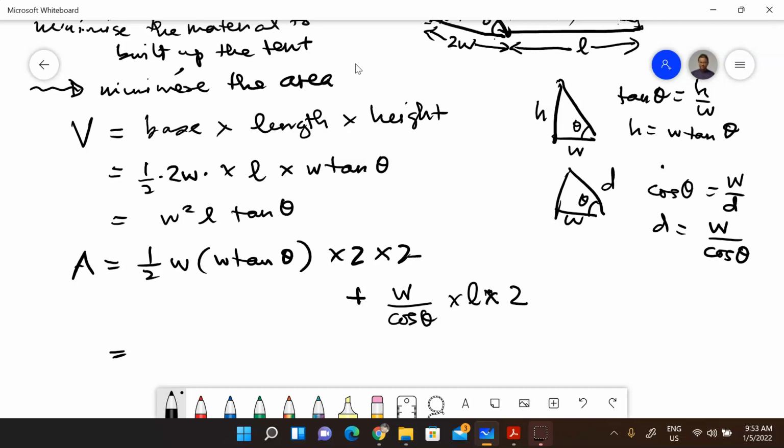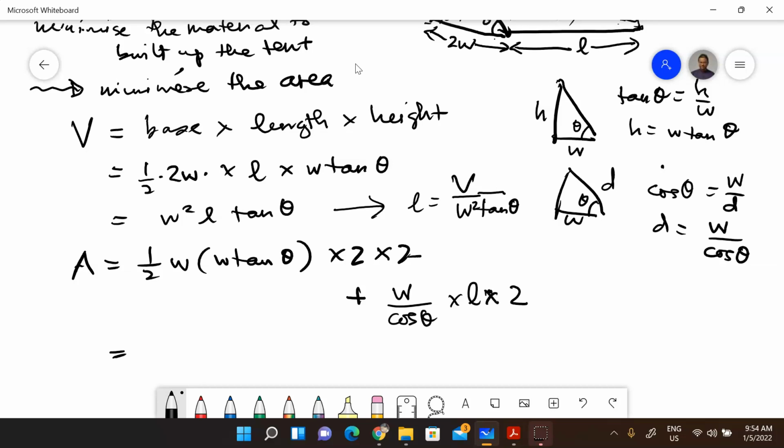So let me simplify the whole thing. We already have V equals w squared L tangent theta, so I can replace one of them. L over here, I can re-express in terms of V over w squared tangent theta.